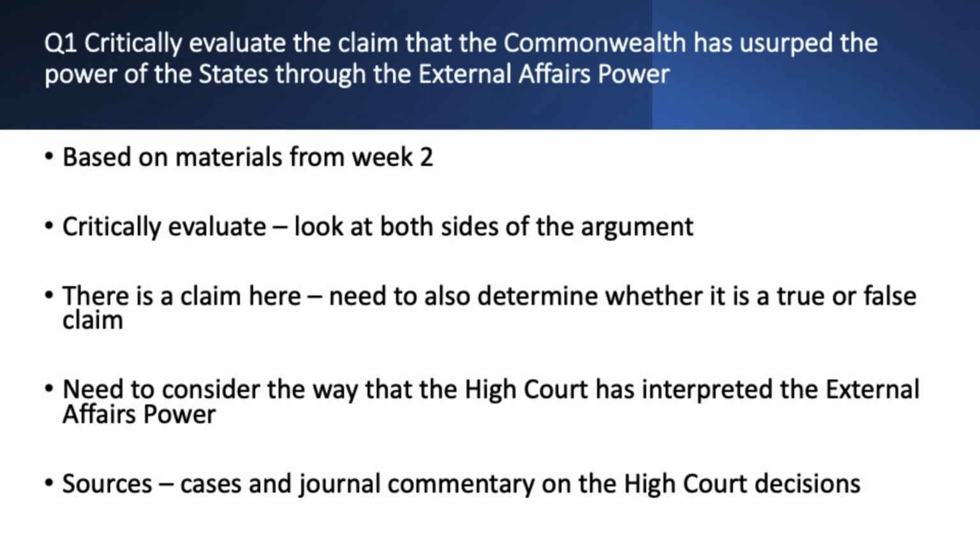So you can then show through the outcome of that litigation how a broad interpretation of the external affairs power leads to a lack of power or a reduction in power for the states. And that will involve reference to a number of cases where the High Court has arguably expanded the reach of the external affairs power and therefore also increased the scope of the Commonwealth's power to the detriment of the states.